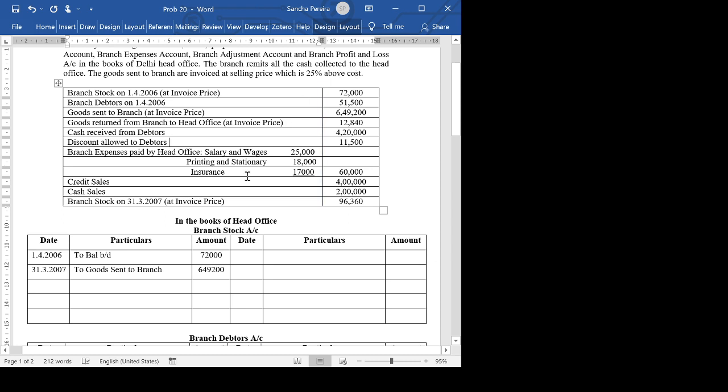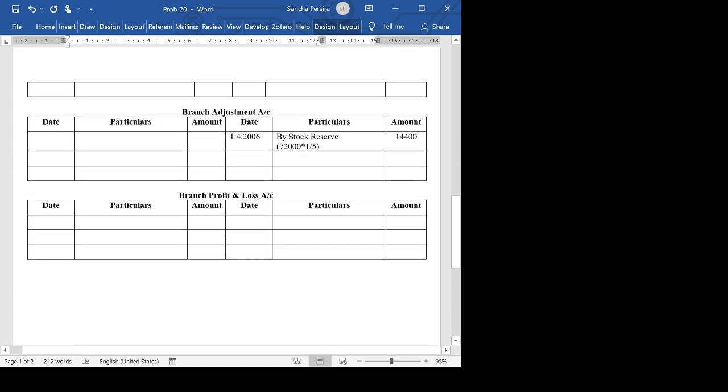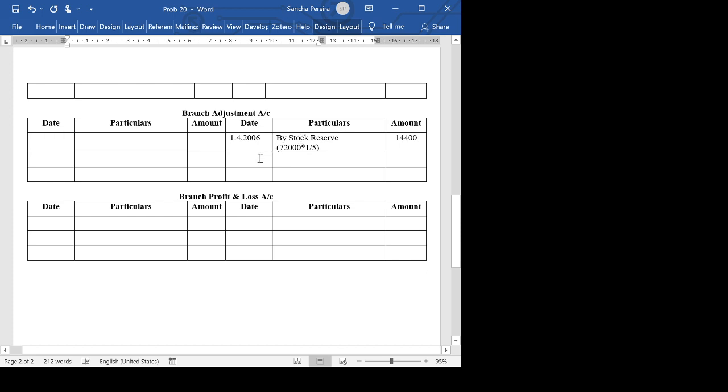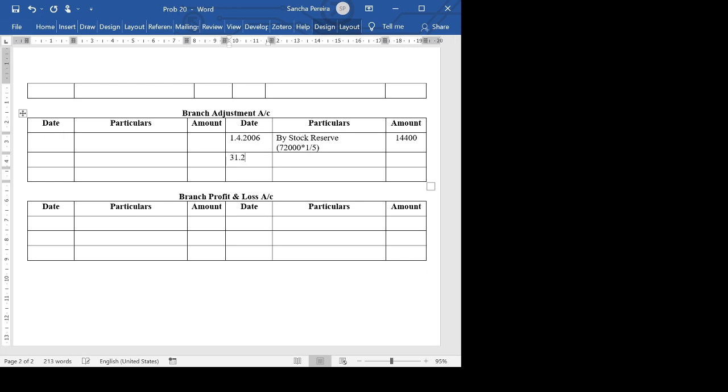So by goods sent to branch account, in the branch adjustment account, on 31st March 2007, by goods sent to branch account.